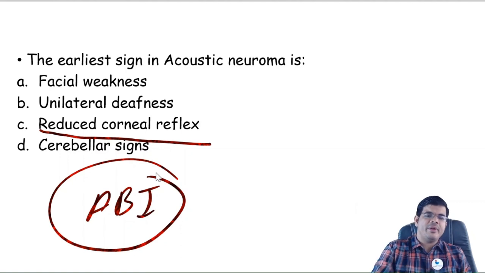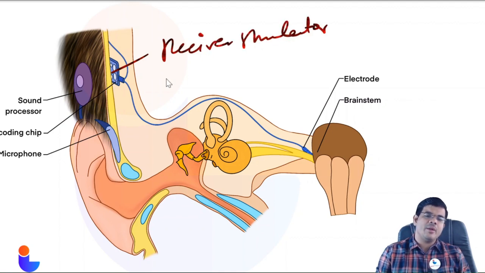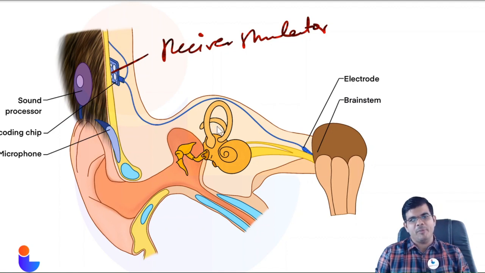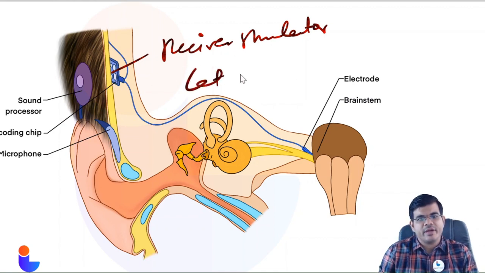Auditory brainstem implant looks similar to the cochlear implant. It has an external sound processor, a microphone, and a receiver stimulator similar to a cochlear implant. But instead of going into the cochlea through the round window niche, as in the posterior tympanotomy approach for a cochlear implant, here it goes into the lateral recess of the fourth ventricle, where you have the cochlear nucleus.